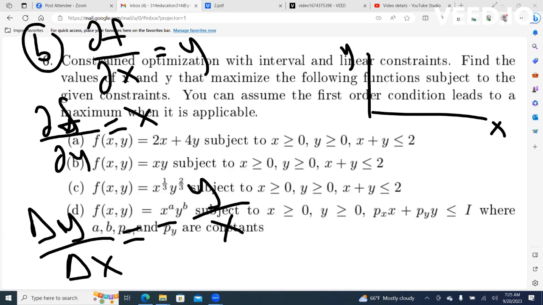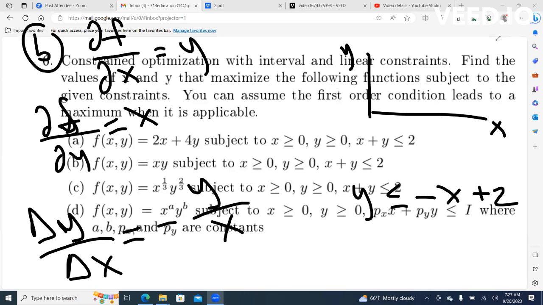That right there is going to be the slope. And we have y less than or equal to negative x plus 2. I said it was pretty simple, and it's really not.